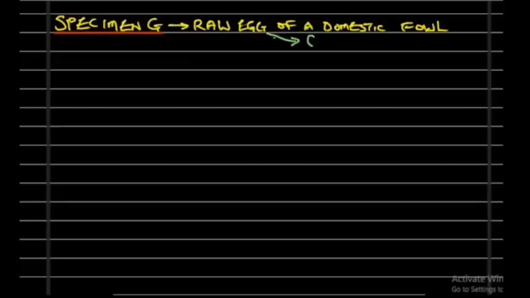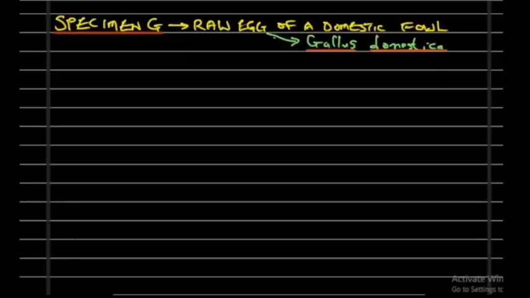It is Gallus domesticus. You shouldn't forget that, but you can refer back to Specimen D to identify how the classification is.